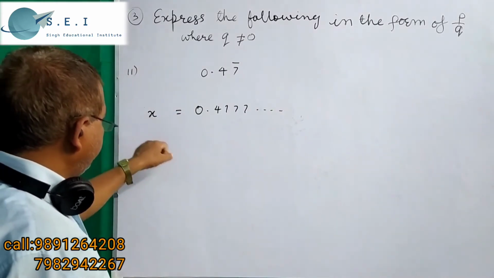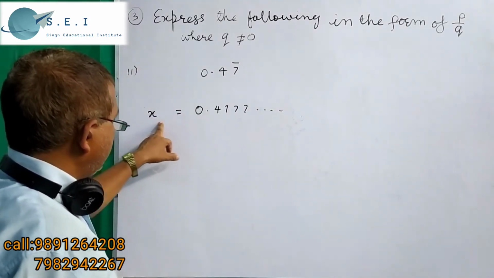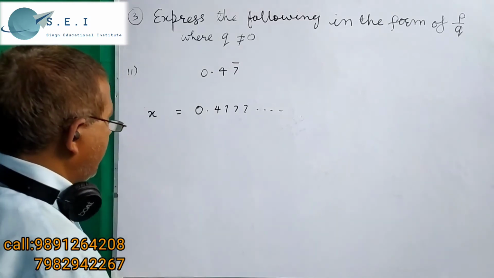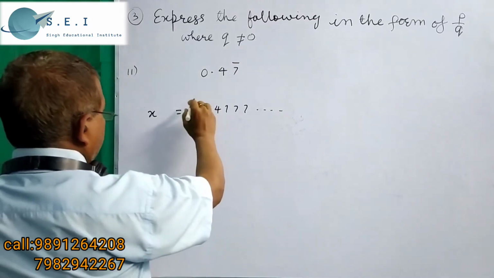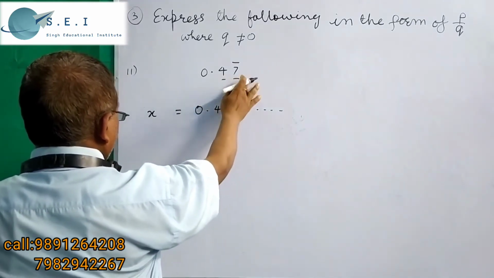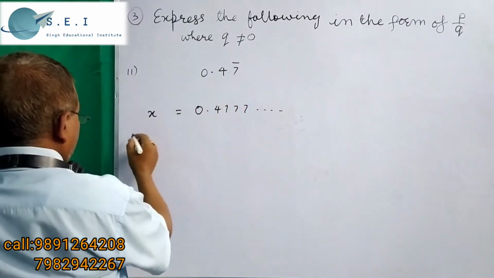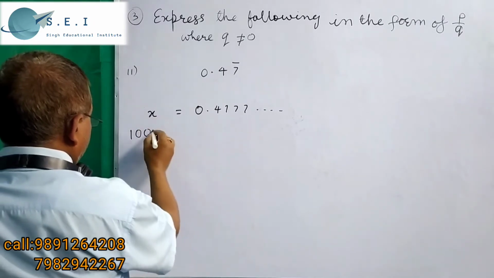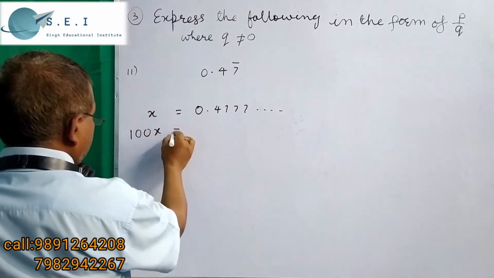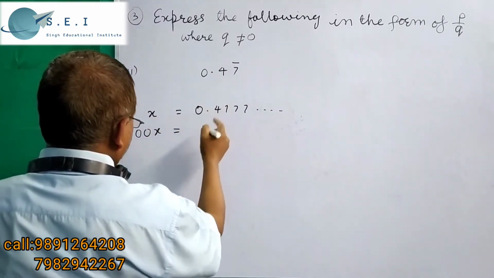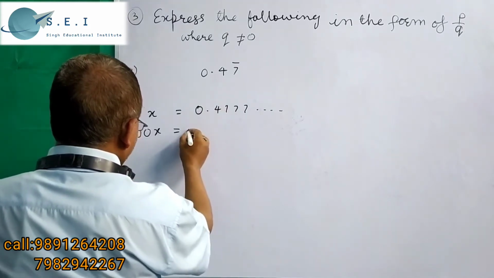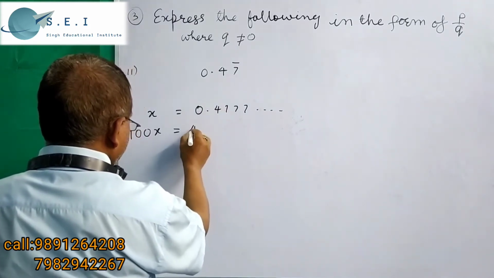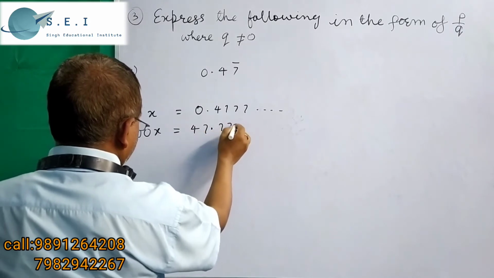Now multiply x with 100. Why is it multiplied by 100? Because the total digits after the decimal are 2. So we multiply it by 100 on both the sides. This gives 100x is equal to, the decimal moved 2 digits right, 47.777 and so on.